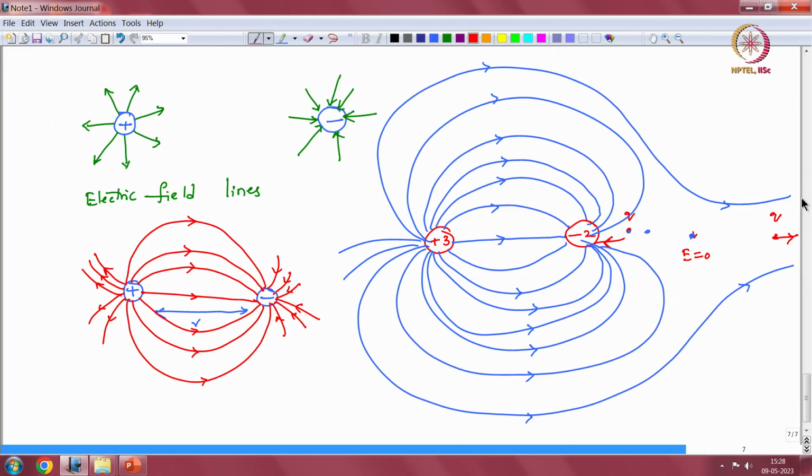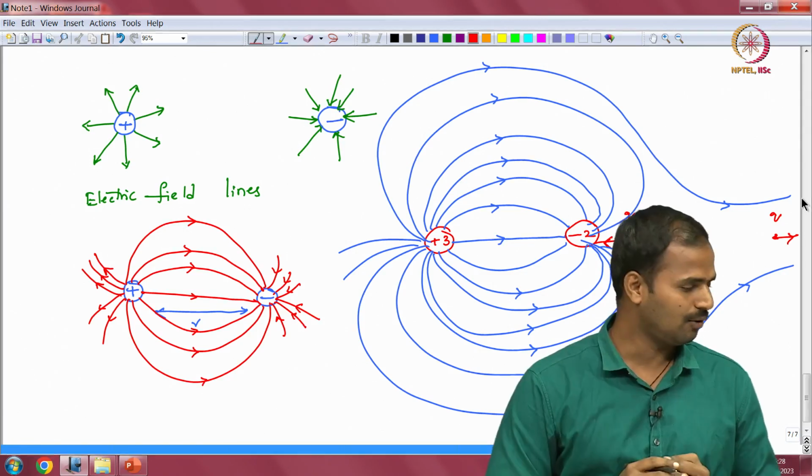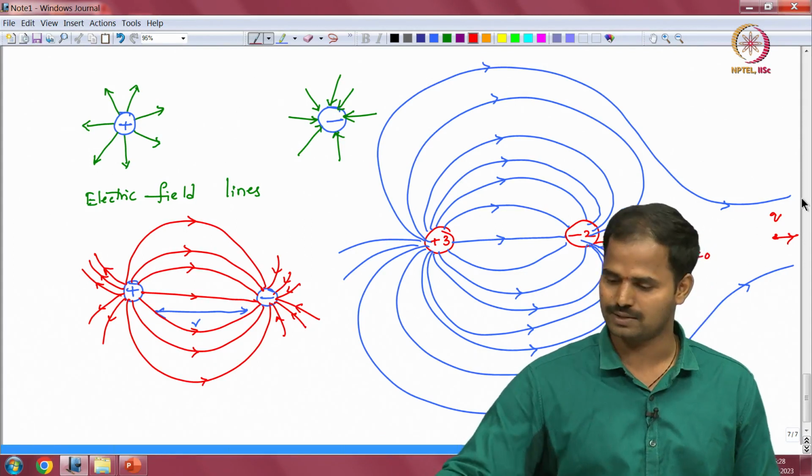Now, we want to find what the electric flux is. Okay. What is the magnitude? If we know the electric field and if we know the charge, how do we find the electric flux? We will discuss that.